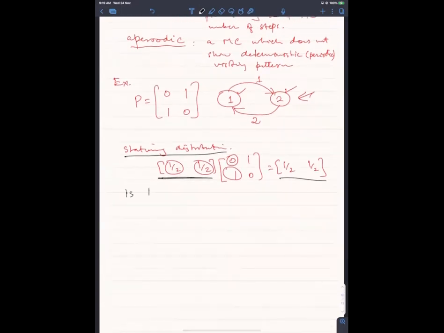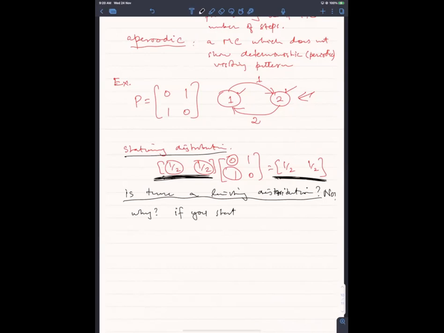Is there a limiting distribution? अगर होगी तो वो stationary ही होगी. Is there a limiting distribution? And the answer is no. And the reason is, if you start in the stationary distribution, you will have the stationary distribution.